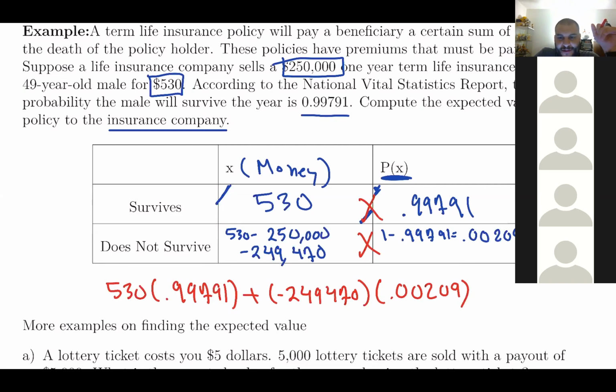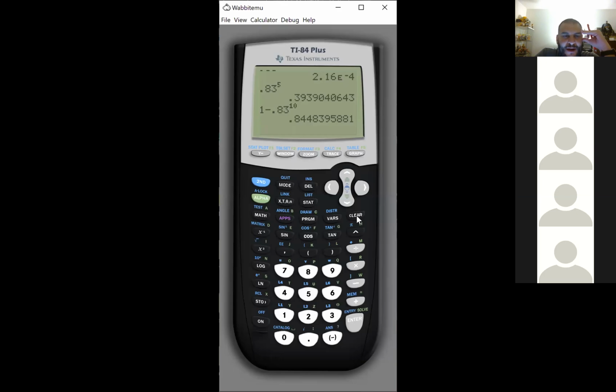Up next, I'm going to show you how to do this in the TI-84. Let me get the TI-84 going. There you go. On the TI-84, you do 530 multiplied by 0.99791 plus, and the button right below the 3 is the negative sign, so use that to represent a negative.